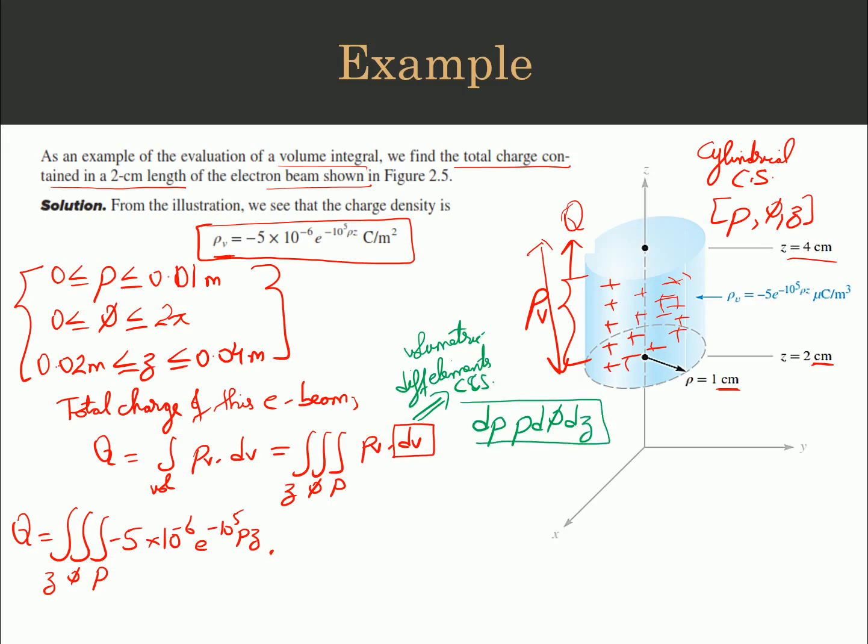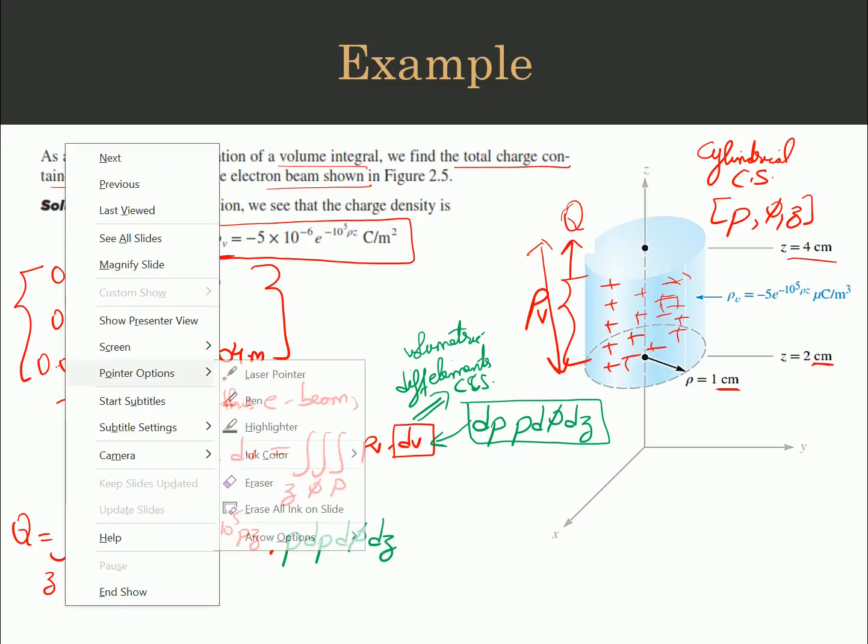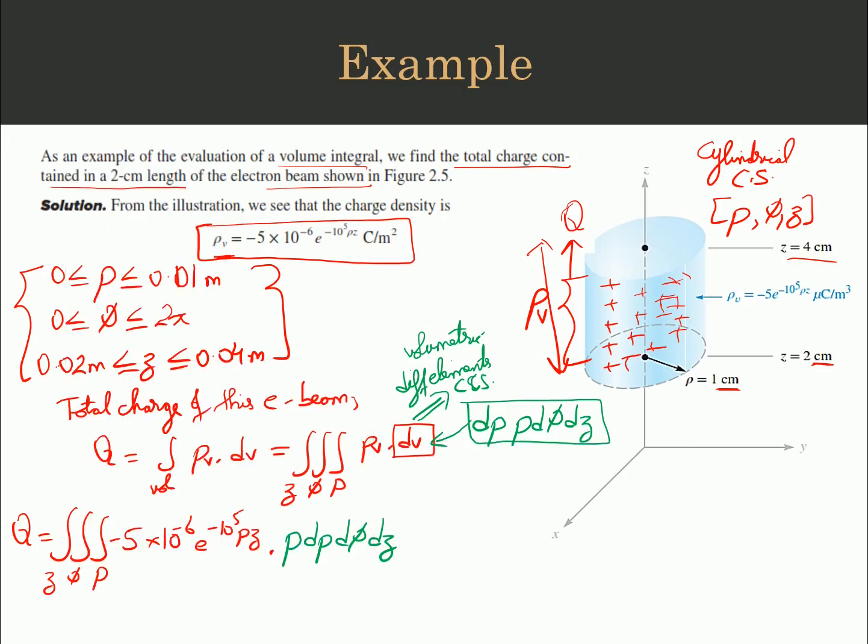These are the elements that will replace dv. So I can incorporate the value over here, and it becomes rho d rho d phi dz. These are the values of dv in this case.